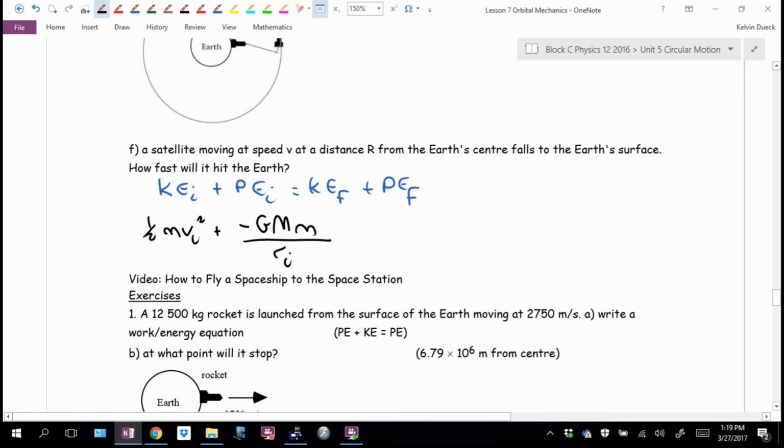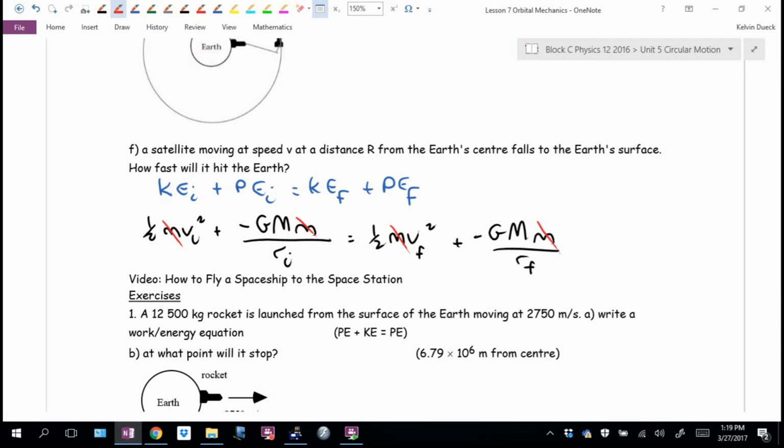Now in this case, R initial would be the larger one. We're out in space. This time Earth is going to be our final. That's going to equal a half m v final squared plus negative big G big M little m all over R final. I do notice it doesn't matter the mass of the satellite. They're all going to hit the ground at the same speed. Now, the damage will depend on the mass of the satellite, very much so. But the speed that it hits won't.